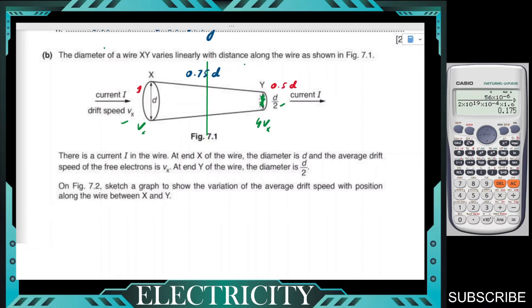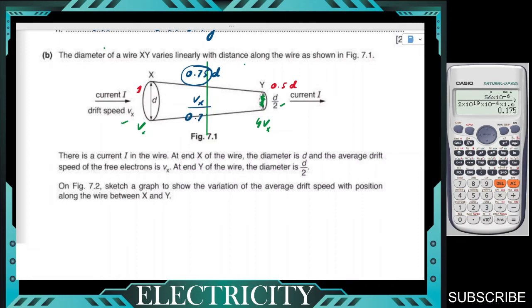If you're not comfortable with the ratios, just use the formula. Otherwise, if this is a factor of the diameter, divide the drift speed by the square of this factor.